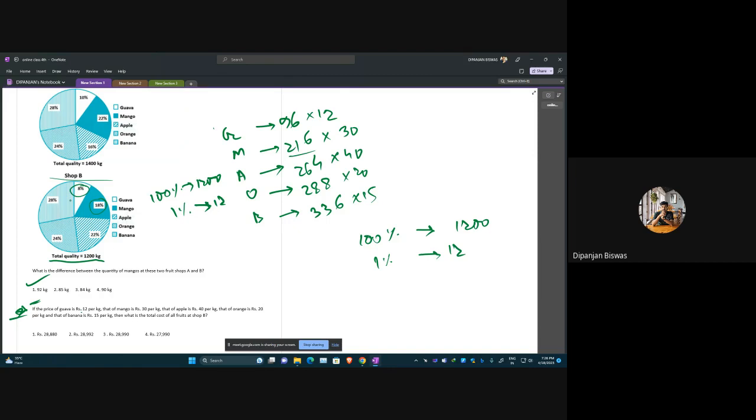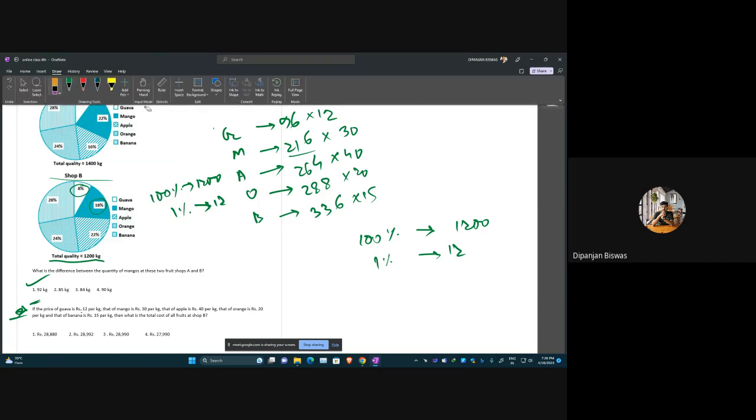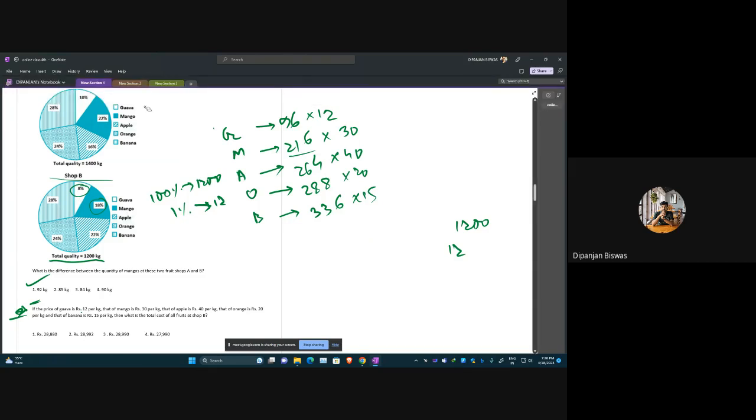I'm a bit reluctant in solving this question because this is very calculative. So you can do it in this fashion. Find the last digit.